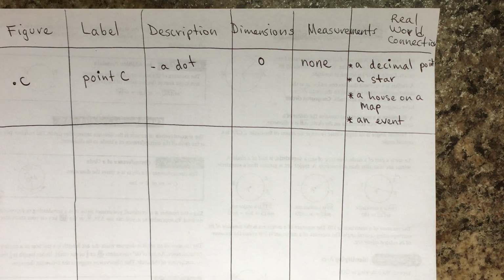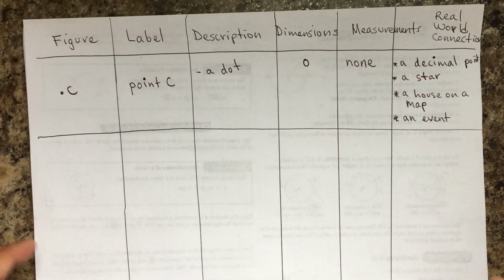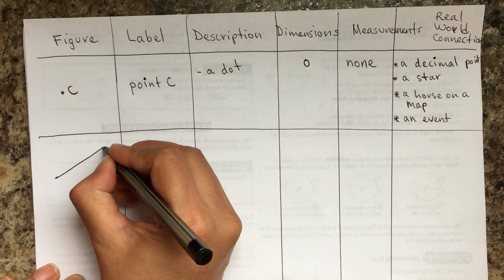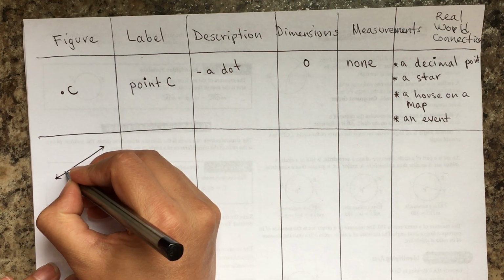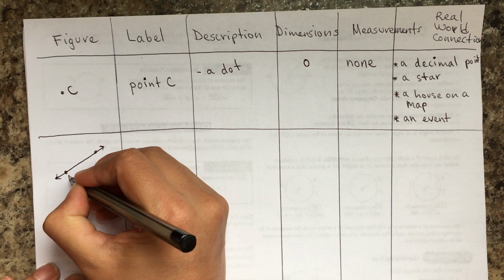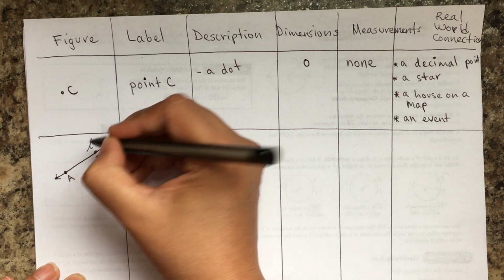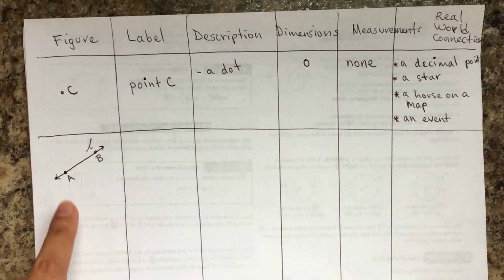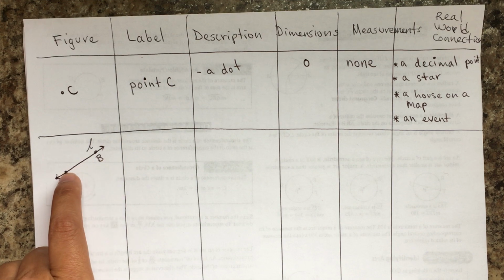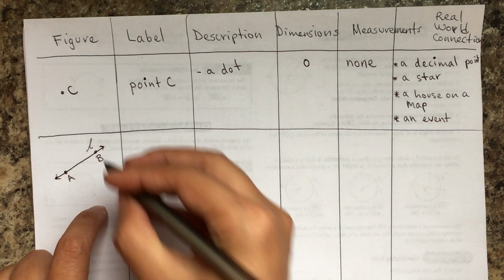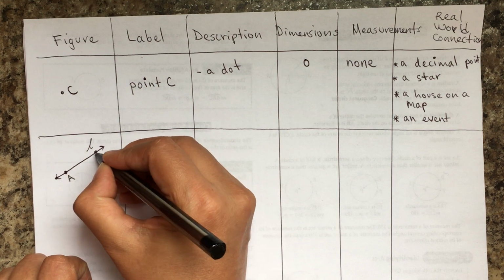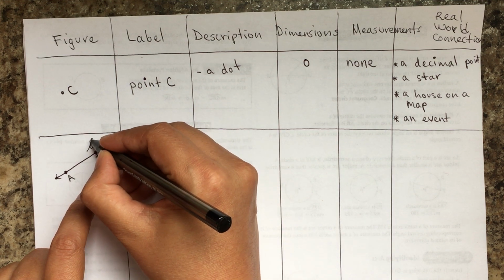The next figure that we're going to learn about is this figure right here. And so this is A, and it's capital. A and B are capital because they're the names for these 2 points. And this is L, okay?